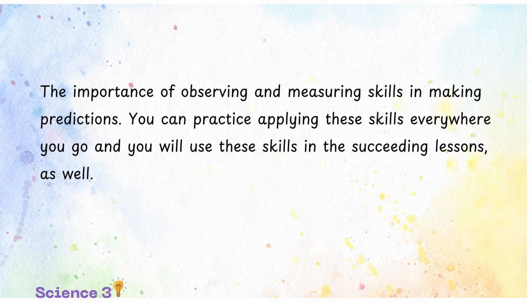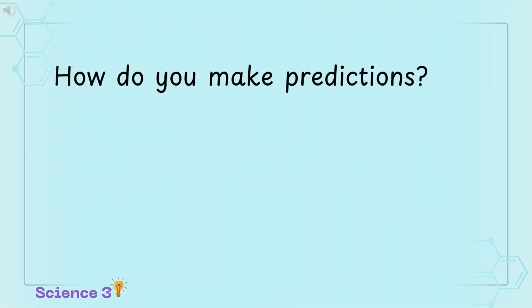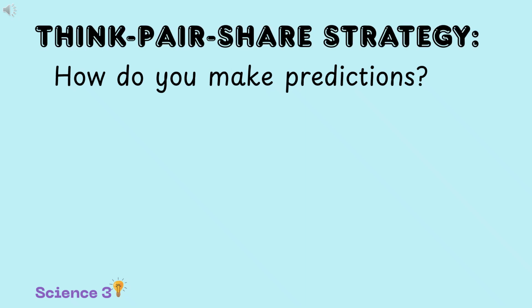The importance of observing and measuring skills in making predictions. You can practice applying these skills everywhere you go, and you will use these skills in the succeeding lessons as well. How do you make predictions?